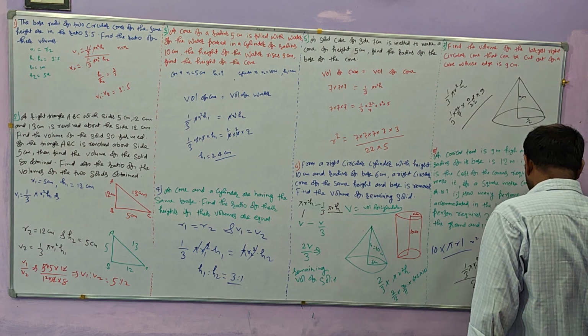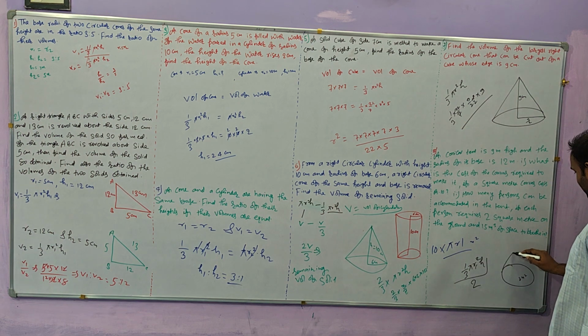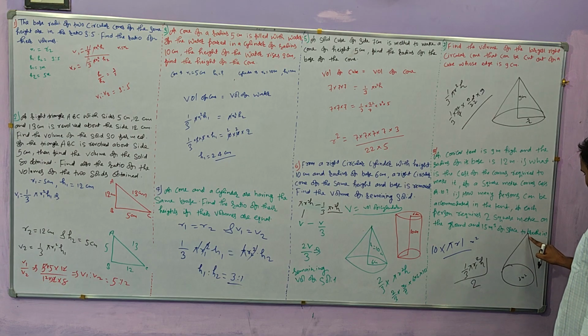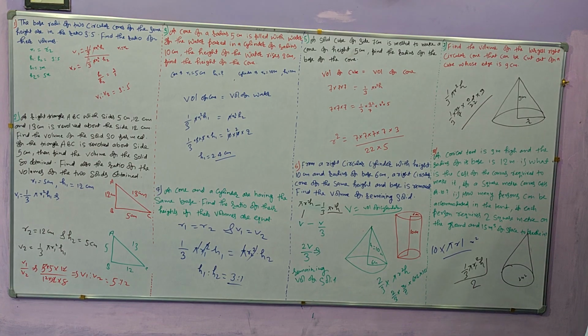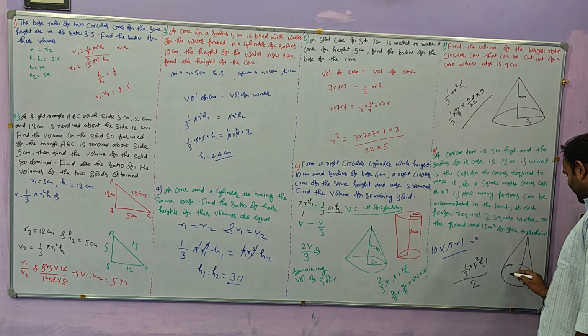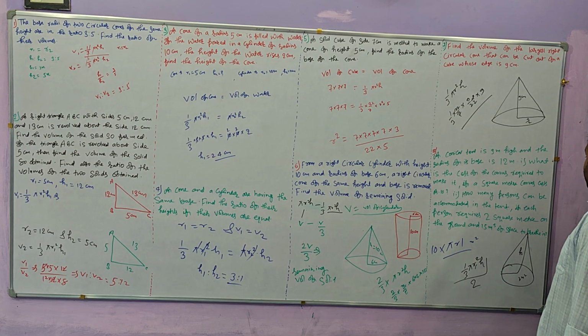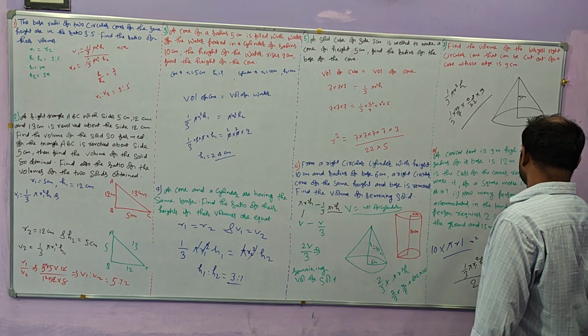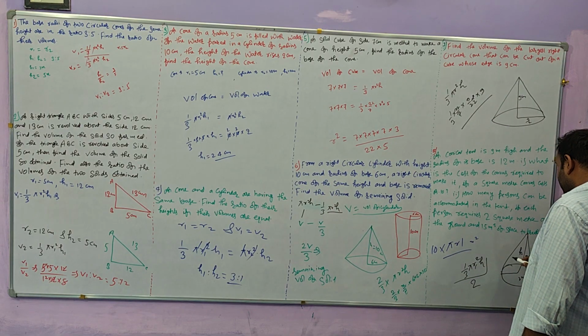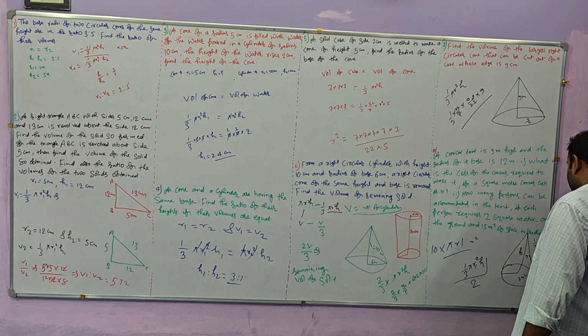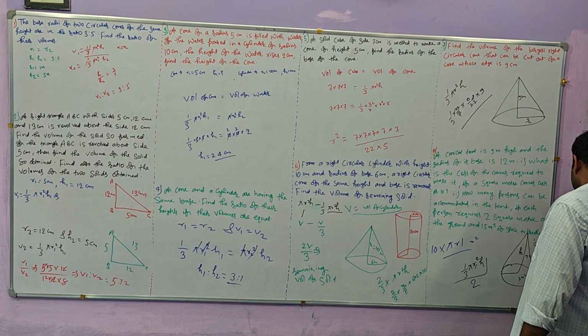When we have a tent with a height of 9 meter, we have h height, so this is going to be 1/3 pi R2 square into H2.